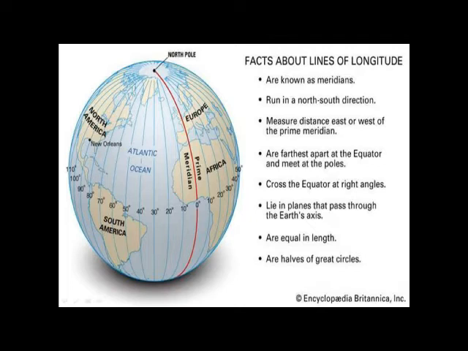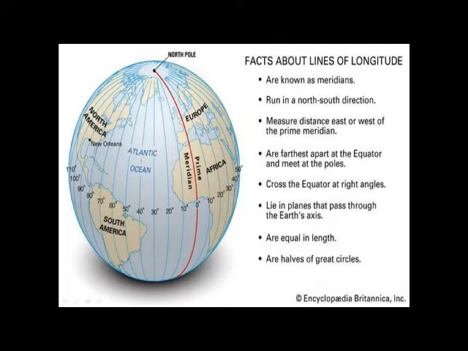They are known as meridians, run from north to south direction, measure distance east or west from prime meridian, are the farthest apart at the equator and meet at the poles, cross the line of the equator at right angle, lie in the plane that passes through the Earth's axis, all are equal in length, and are actually half because the east part is half, the west part is half.